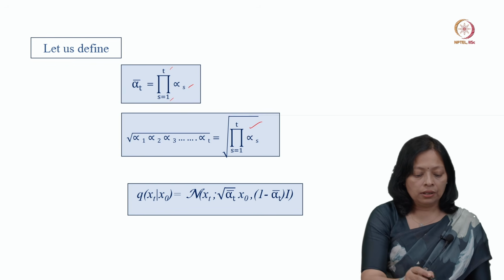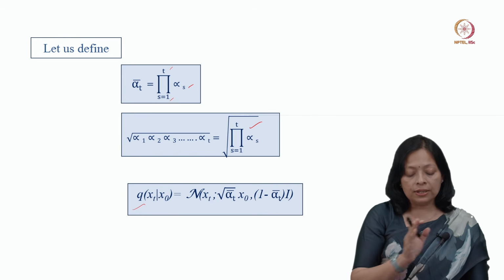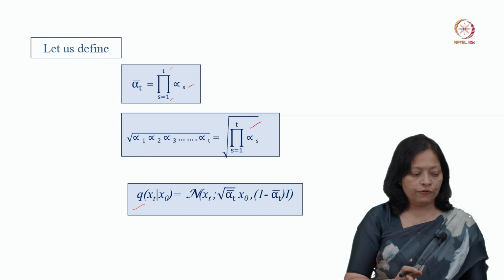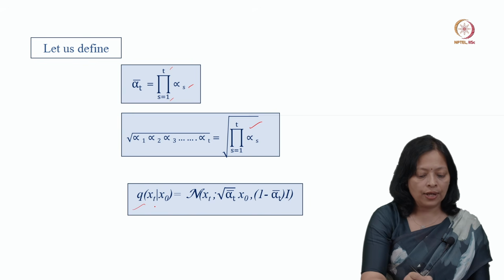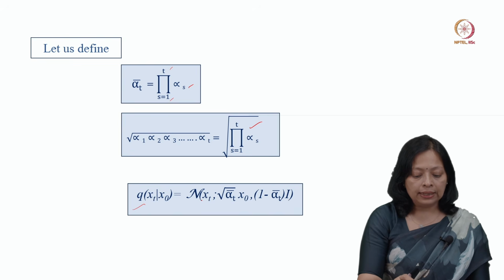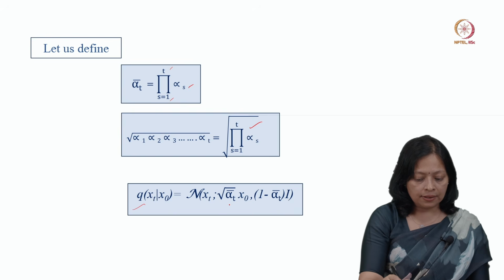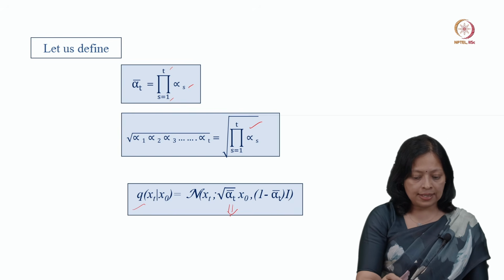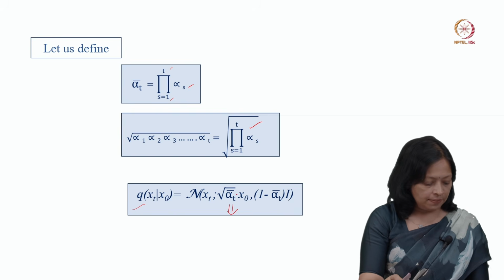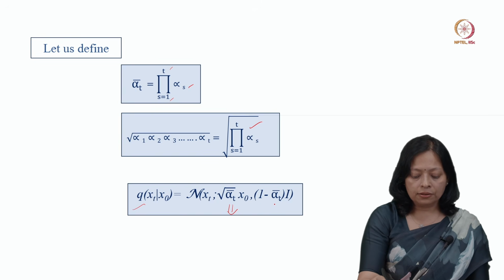Now, I can write the probability distribution for the forward diffusion process, q of x t given x 0, equal to N of x t, where the mean is square root of alpha t bar times x 0, and this is the covariance.